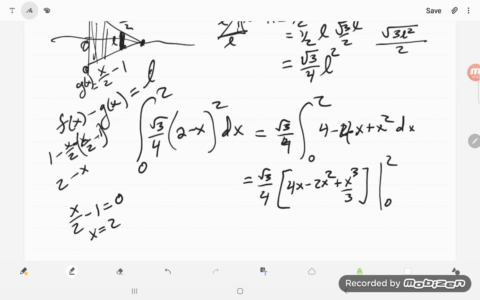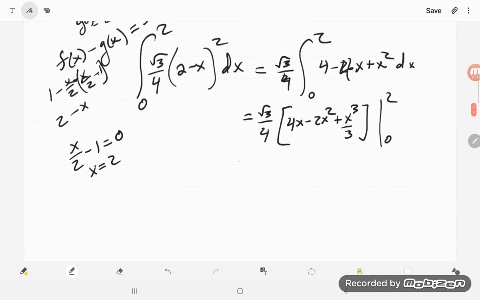from 0 to 2. Well, the 0 is not a problem. So we get the square root of 3 over 4. 4 times 2 is 8. 2 times 4 is 8. Well, that was convenient. Plus 8 over 3.